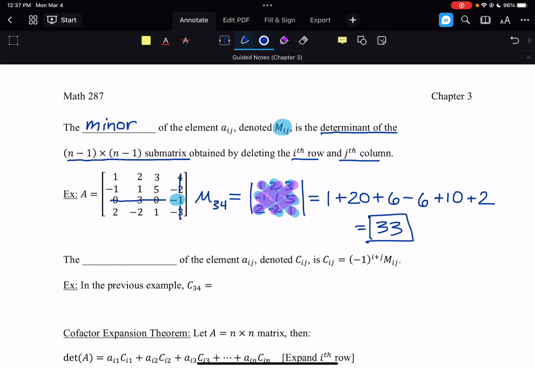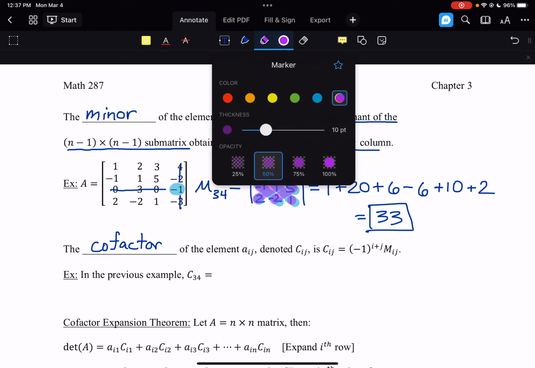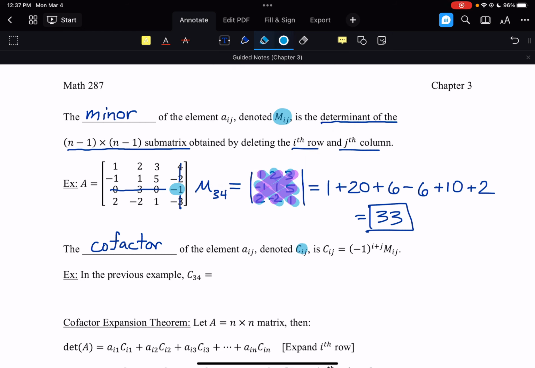So the minor of this element, of the 3-4 element in this matrix, is 33. Next up, we need to talk about the cofactor of the element A sub ij, which is denoted C sub ij.